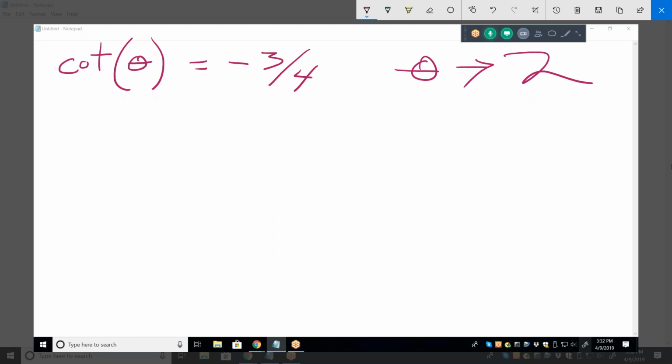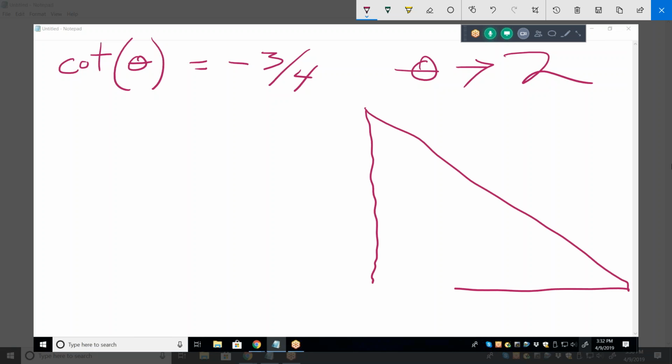Find its inverse? No, draw a right triangle. That's the first step, and label it. It's got to be a right triangle, and you've got to label where theta is. I usually put theta down there, but it doesn't have to be down there. It could be at the top.